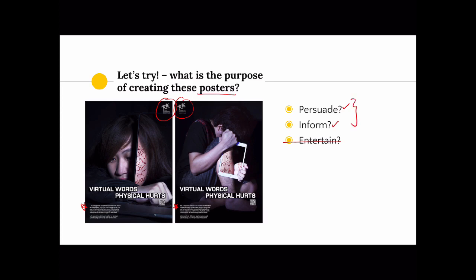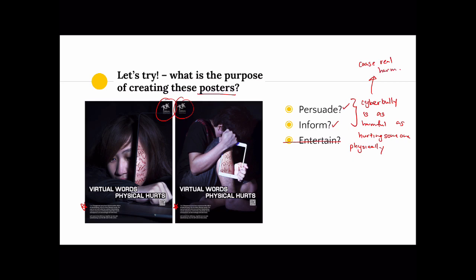What are they trying to convince you? What they are trying to say is that cyberbullying is as harmful as hurting someone physically, or that cyberbullying can cause real harm as well.